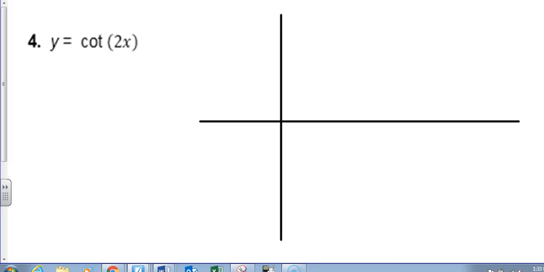Cotangent. What do you got to remember with cotangent, besides it's an upside down sine? Yes, the asymptotes shift. They start at 0. There's an asymptote at 0. Then where's the next one because of our period here? Okay, normally the next asymptote would be at pi, but this one is at pi over 2.